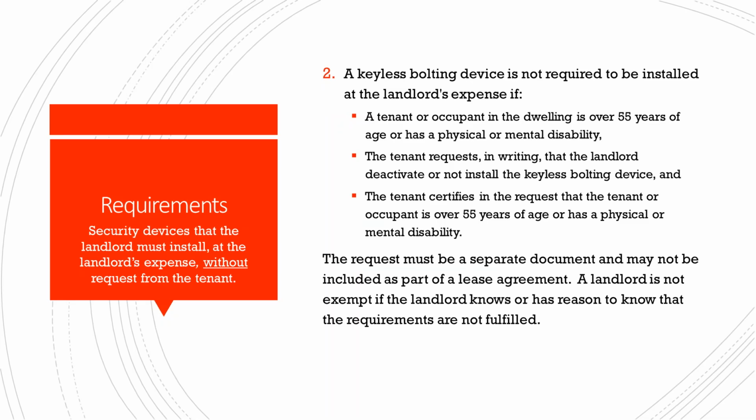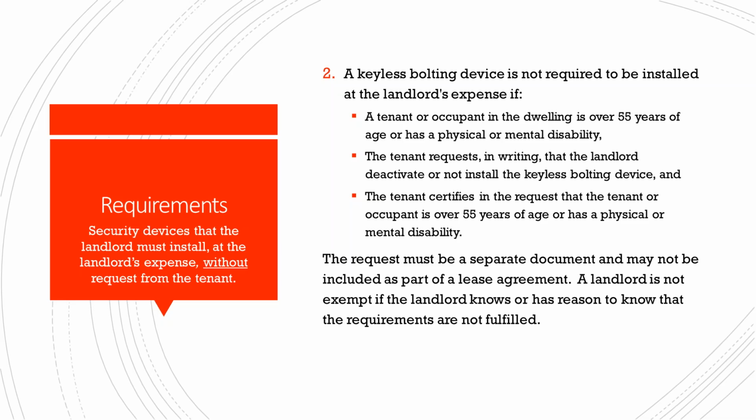There's another exception, dealing again with the keyless bolting device. It's similar in nature. It's not required to be there if a tenant or occupant in the dwelling is over 55 years of age or has a physical or mental disability, the tenant requests in writing that the landlord deactivate or not install the keyless bolting device, and finally, the tenant certifies in the request that the tenant or occupant is over 55 years of age or has a physical or mental disability.